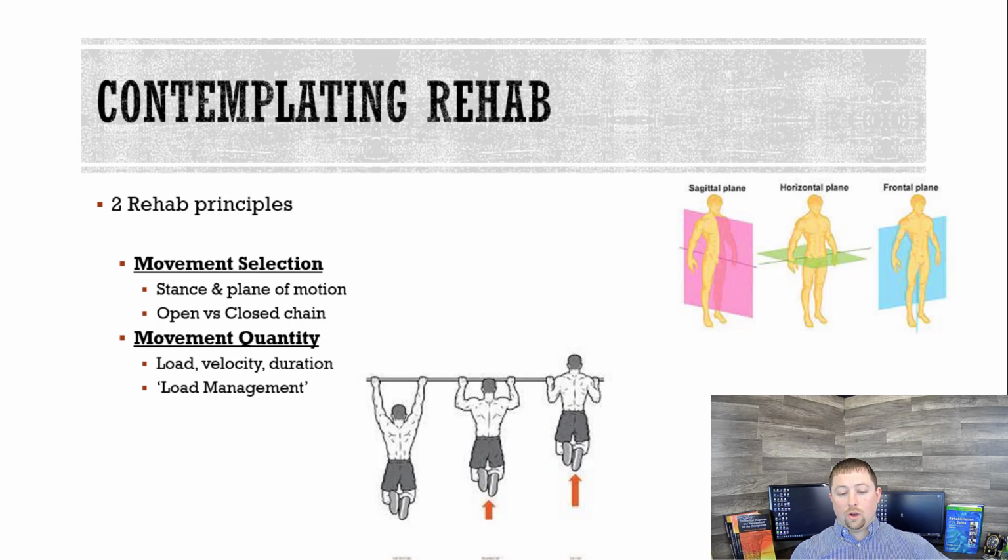As you can see, the load is very different between those two. The velocity, which is the speed at which the lift is carried out, and then the duration, right, is the set that you are partaking in. Does it take 3 minutes to complete, or does it take 30 seconds to complete? So these are things I like to think about when contemplating starting rehab for a specific area.